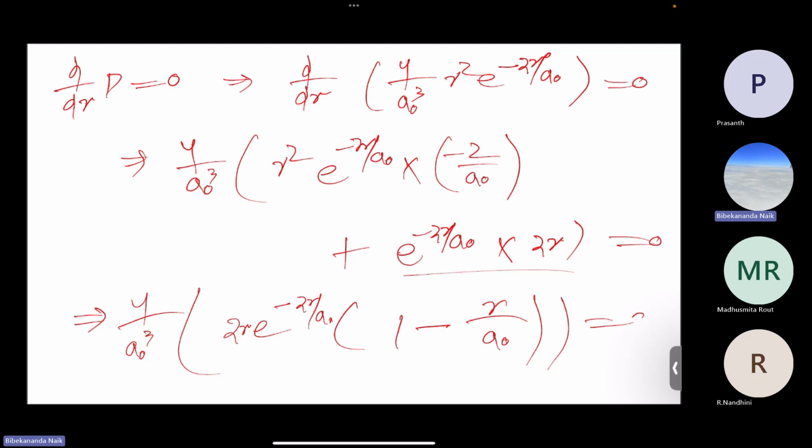So here there are three factors: r, e to the power minus 2r by a0, and 1 minus r by a0. So any of them can be 0. So r can be 0, then e to the power minus 2r by a0 can be 0, and 1 minus r by a0 can be 0. So these are the possibilities.